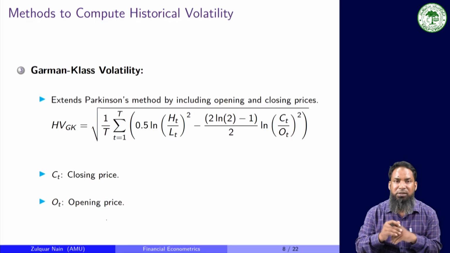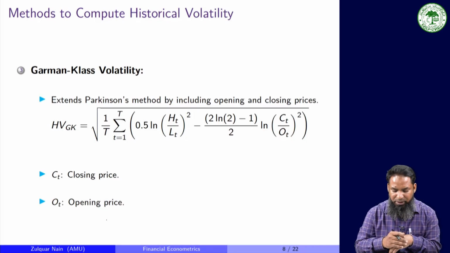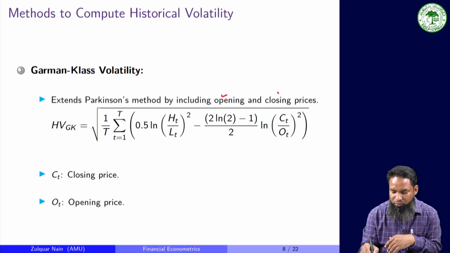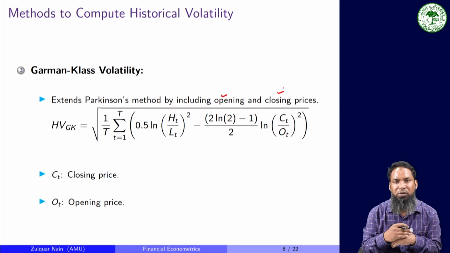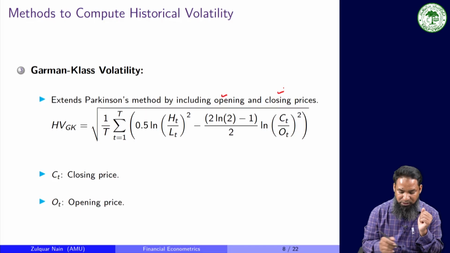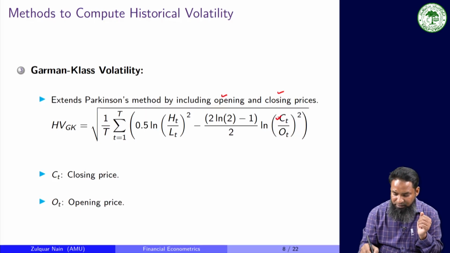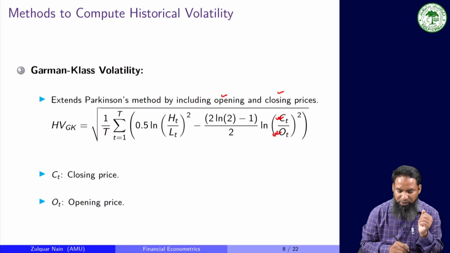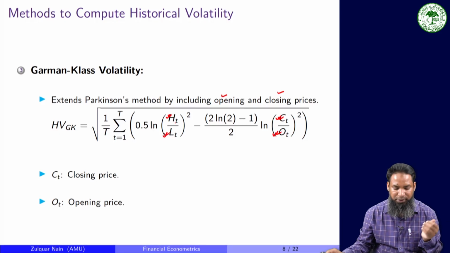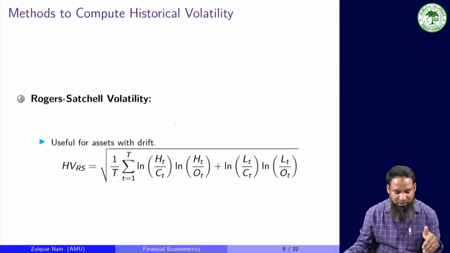It extends Parkinson's method by including the opening and closing prices, whereas the Parkinson method is restricted to the high and low. Here it includes both high and low as well as the opening and closing prices. So here C_t is the closing price and O_t is the opening price, and S_t as usual is the high price of the day, and L_t is the lowest price of the day. Another measure is the Rogers-Satchell volatility, which is useful when we have drift in the assets.